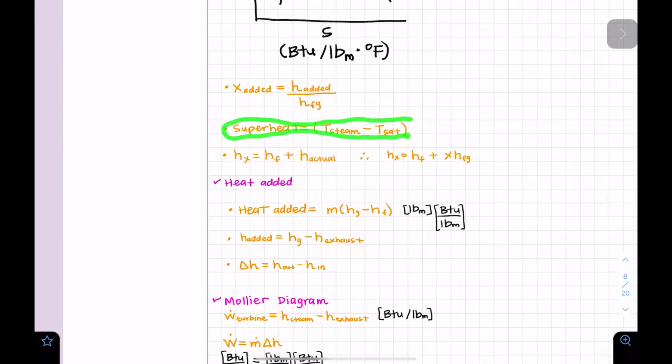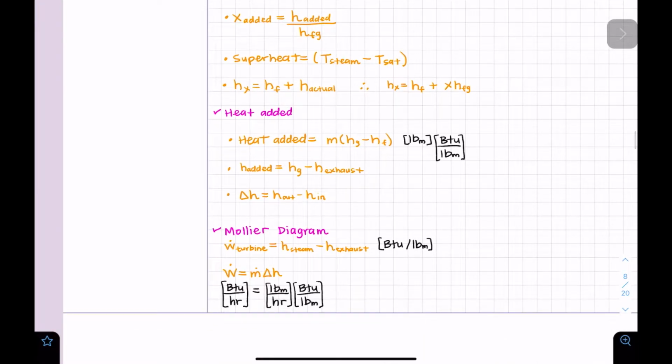Also, they're going to be able to ask me for the degree of superheat. That's basically the difference between the temperature of the steam minus the saturated temperature. And they will probably give me a pressure number or something.